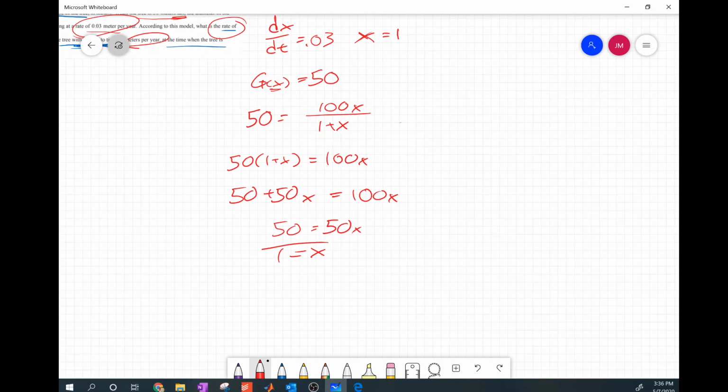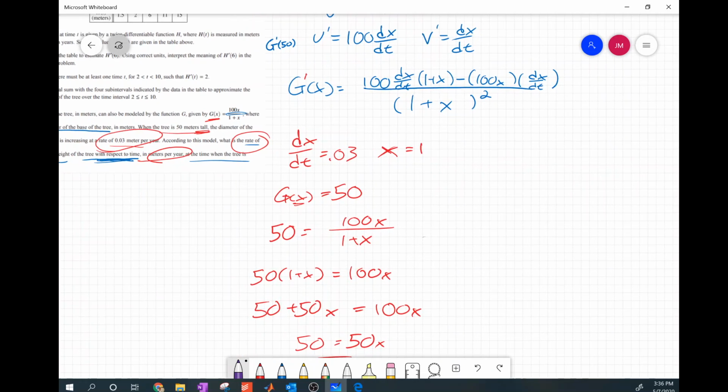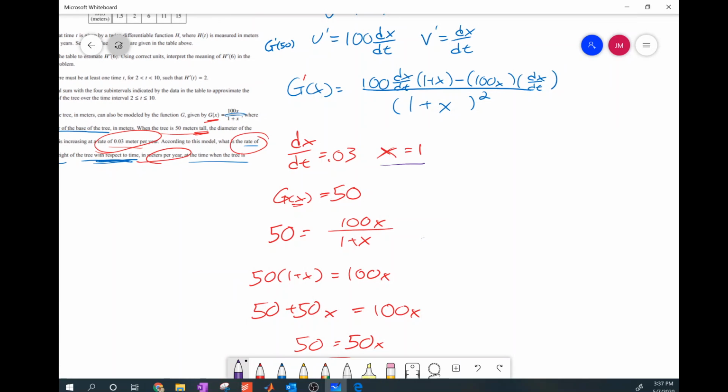So now I'm ready to plug in. So the width of the tree, what we're going to plug into our g prime of x, is 1, and our rate dx/dt is 0.03.